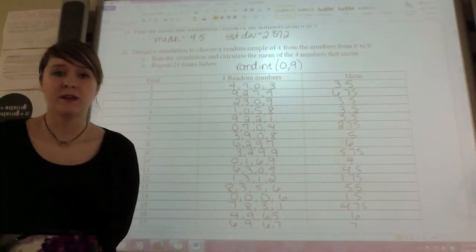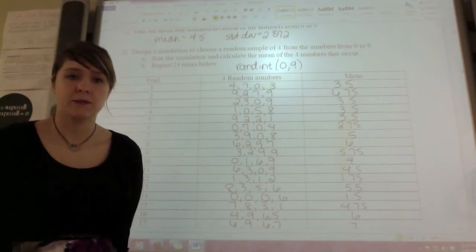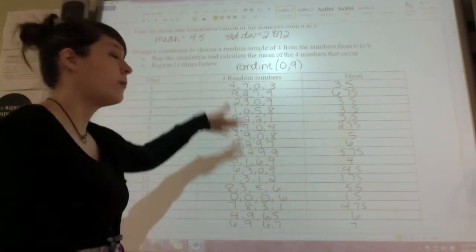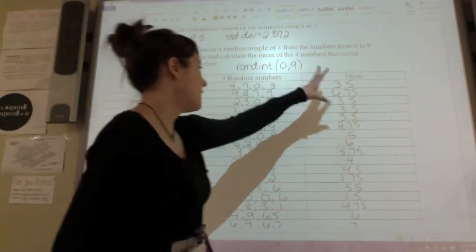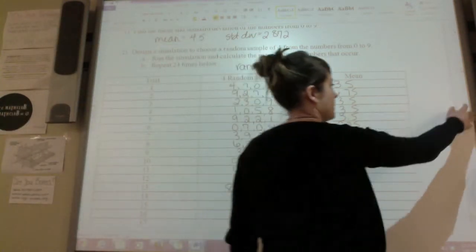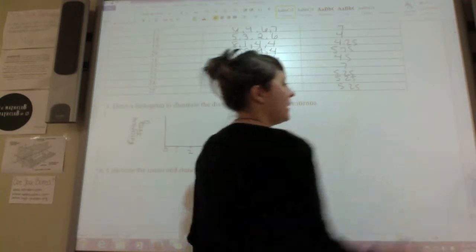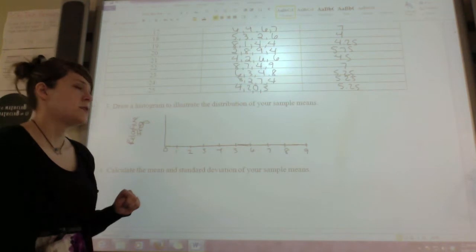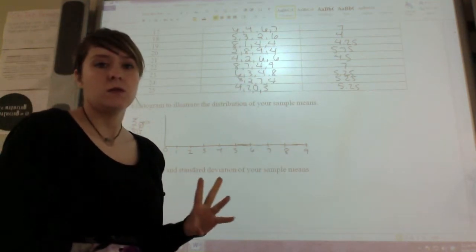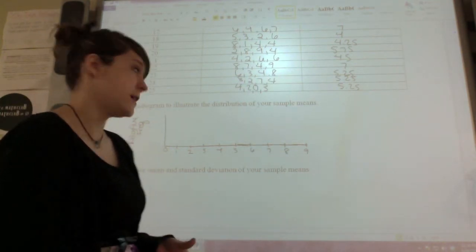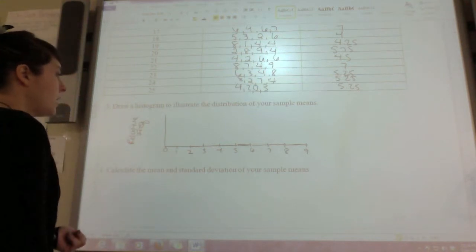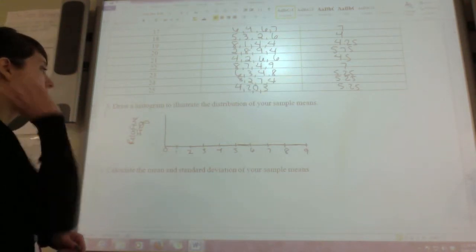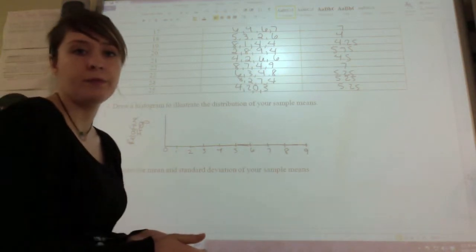Alright, so I've got all my data entered into my chart from my experiment. Here are all my 4 random numbers, and then here are all my means for those numbers. So when I get down to the bottom here, it says draw a histogram to illustrate the distribution of your sample means. So we had 25 trials here for this experiment, and basically I'm trying to find how many times each one of these occurred.